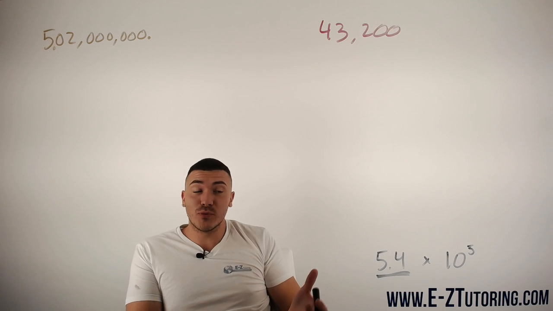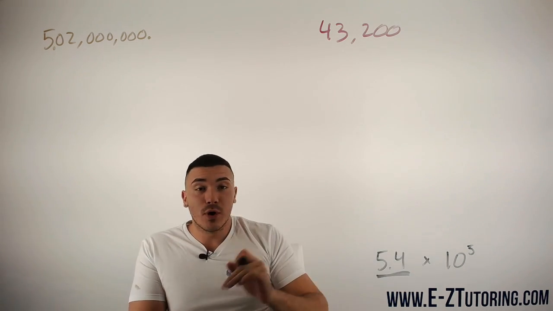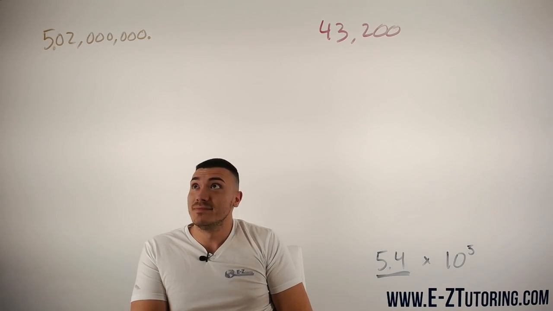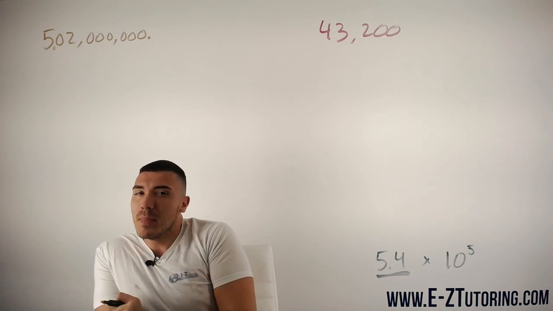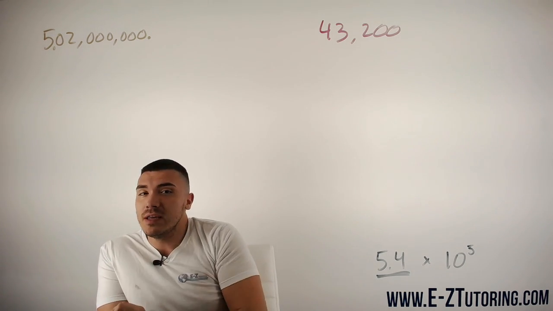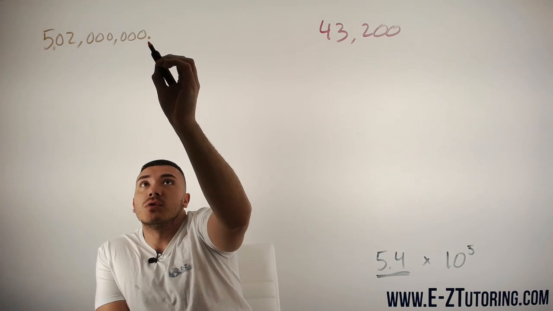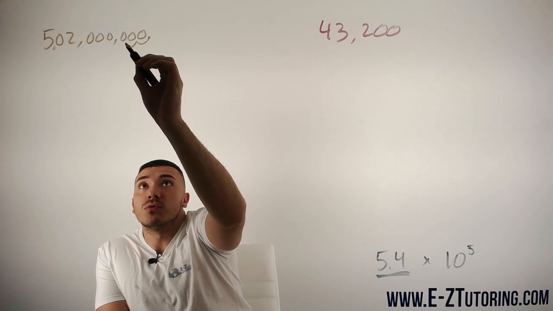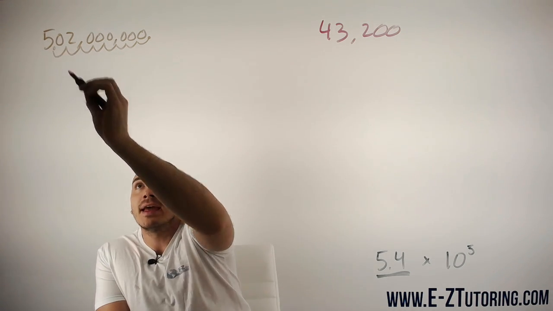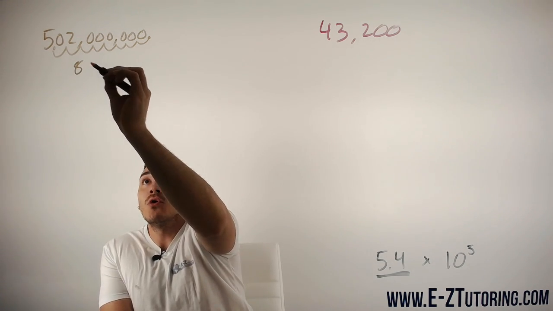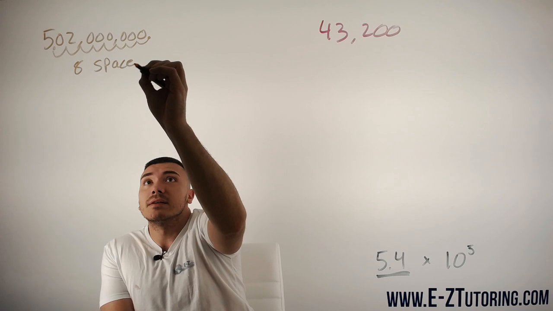That is a number between 1 and 10 that will work for scientific notation. So now the question is, how many spaces must you move to get over here? You must do 1, 2, 3, 4, 5, 6, 7, and 8. So we have a total of 8 spaces.